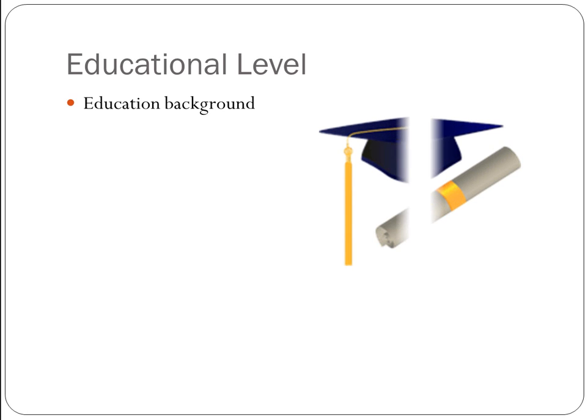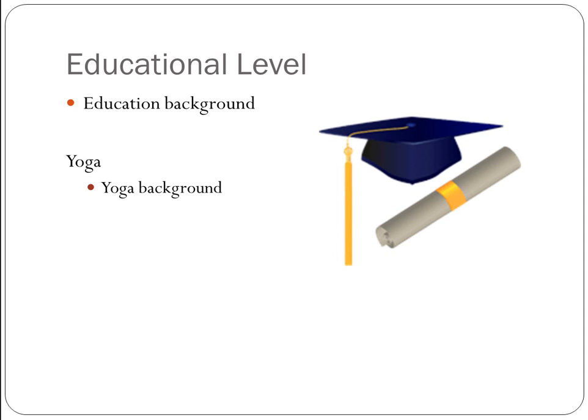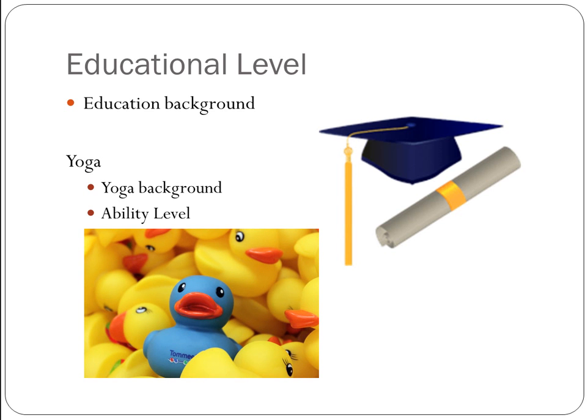Educational level is understanding the student's educational background. For yoga, we can think of this as their yoga background and their physical ability level. By understanding the student's yoga background, you will understand the kinds of instructional experiences they have had. By understanding their physical ability, you will be able to gauge the types of poses that they can accomplish.